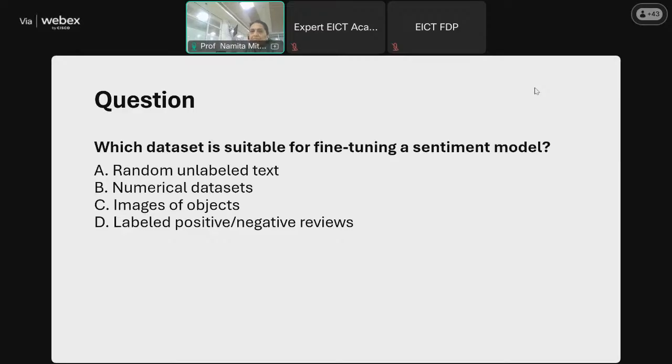So options are random unlabeled text. No, random unlabeled is not possible. Numerical data set, images of objects, labeled positive and negative reviews.